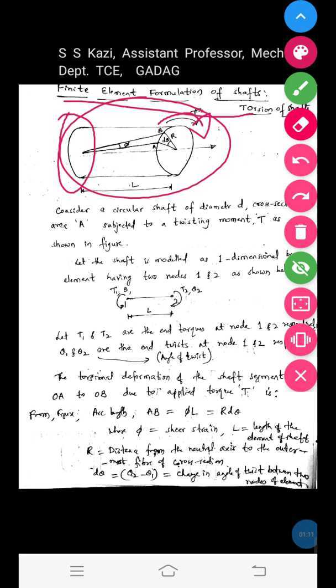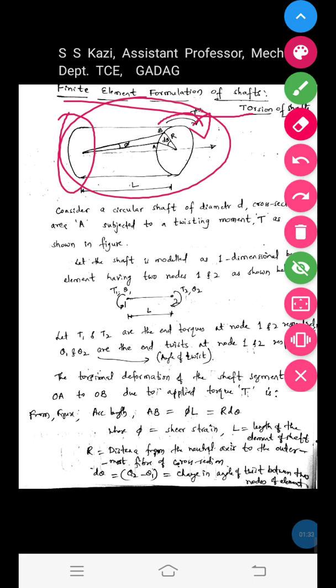We know that torsion of a shaft is nothing but twisting of the shaft by the applied torque. Due to that, each location of the shaft will undergo an angle of twist. Now we will derive the torsional stiffness matrix for the shaft element.